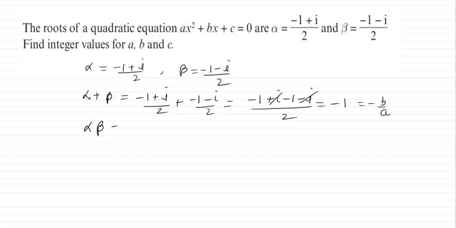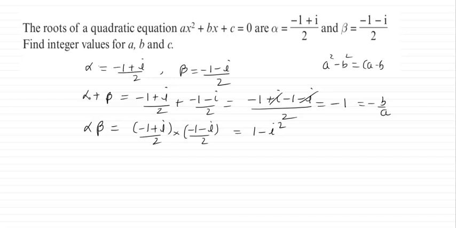Now alpha dot beta, if you are multiplying minus 1 plus i divided by 2 times minus 1 minus i divided by 2. So once you multiply, you will get 1 minus i square. It is the difference of squares, a square minus b square is a minus b and a plus b.